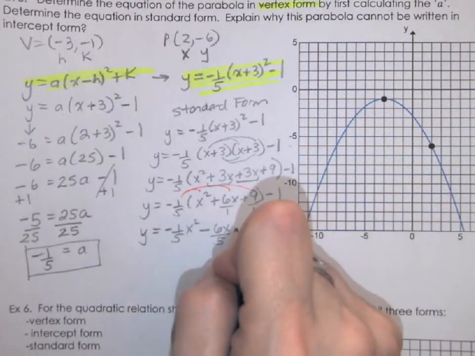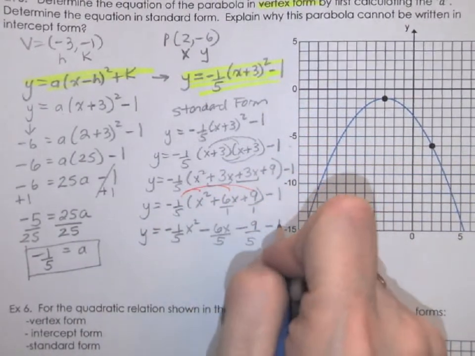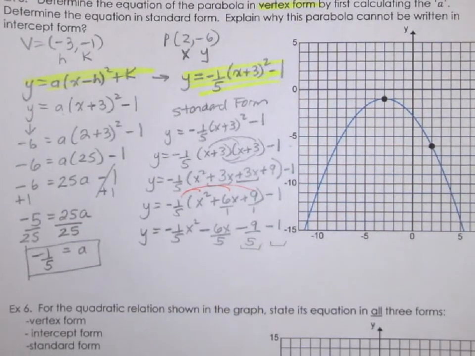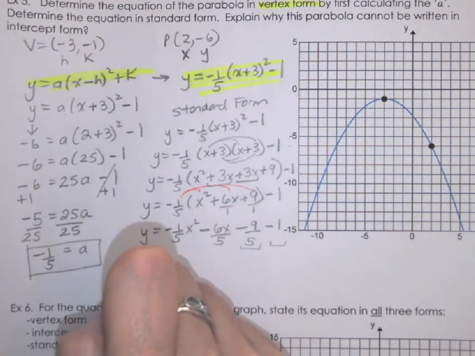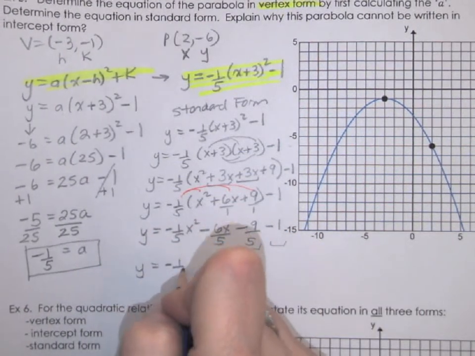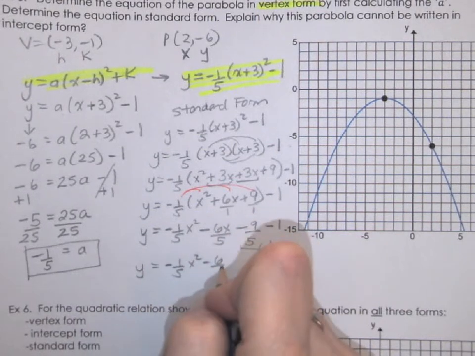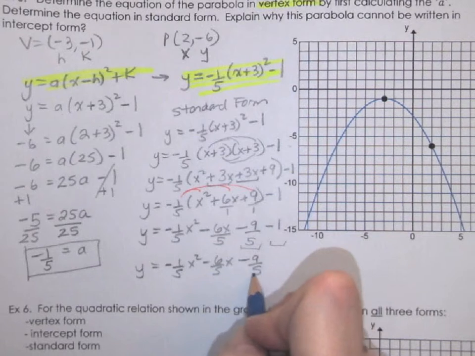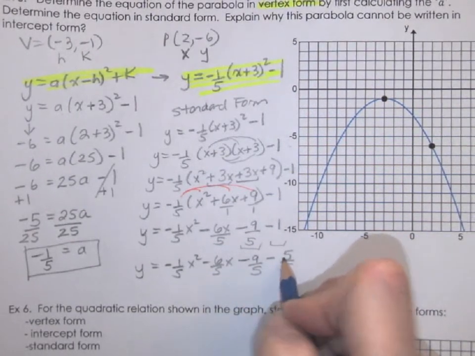Negative 1 times 9 is negative 9 over 5 minus 1. But now these are like terms. So you have a fraction and you're subtracting a whole number, so you would need to get a common denominator with those last two terms. And that common denominator would be 5. So I can rewrite minus 1 as minus 5/5.